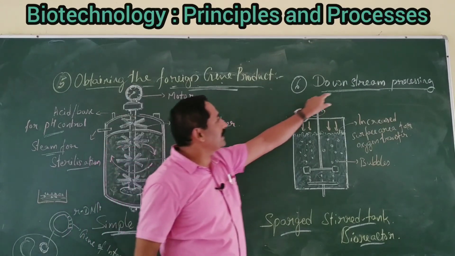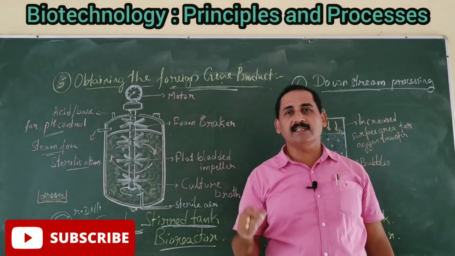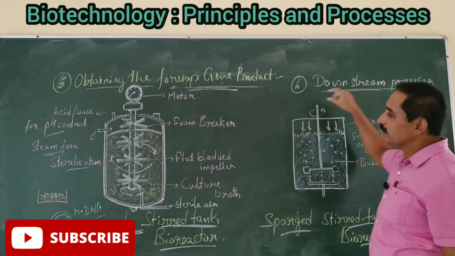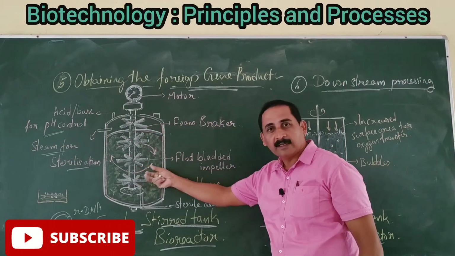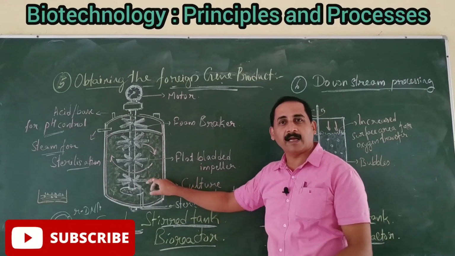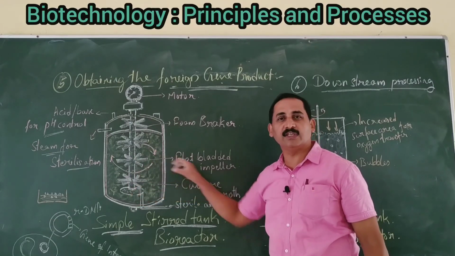So it is an industrial method. Different industries design the downstream processing in their own way. Almost all the product should be taken out from the bioreactor, from the outlet. It contains the bacteria, the nutrient media, the dead cells, and also the gene product.